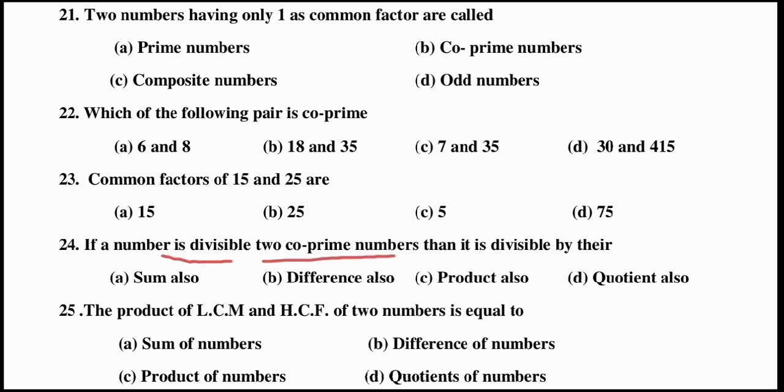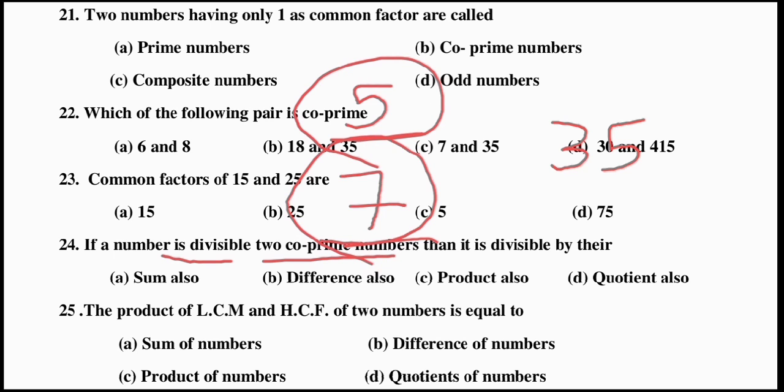For example, if I take 5 and 7, these two are co-prime numbers. And if I take one number that is divisible by 5 and 7 both, 35 is divisible by 5 and 7 both. 5 7s are 35 and 7 5s are 35, right?